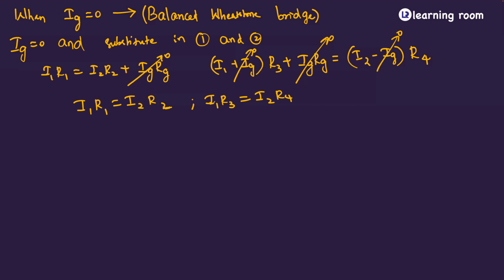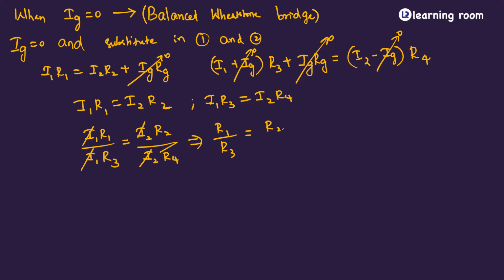Now divide these two equations. When I divide these two equations, I will get I1 R1 divided by I1 R3 is equal to I2 R2 divided by I2 R4. So I1 and I1 will get cancelled, I2 and I2 will get cancelled, which implies R1 divided by R3 is equal to R2 divided by R4.